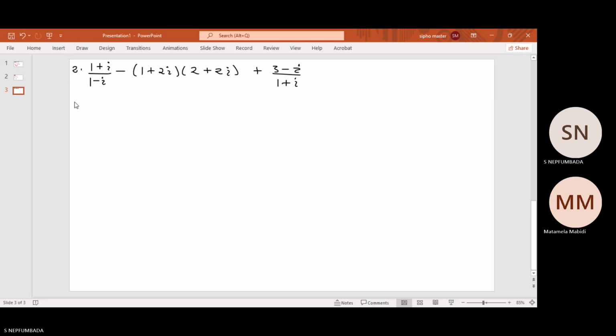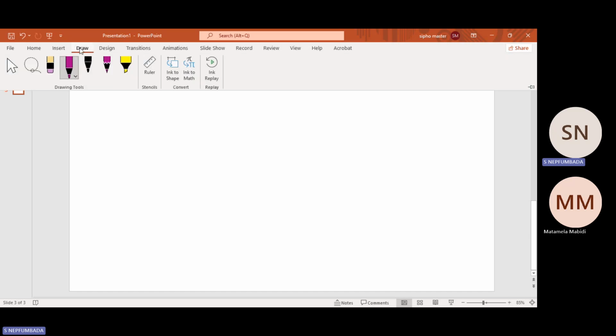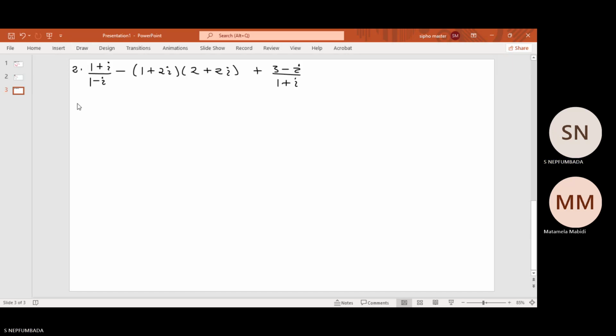So this is nothing but going to be equal to 1 plus i divided by 1 minus i.